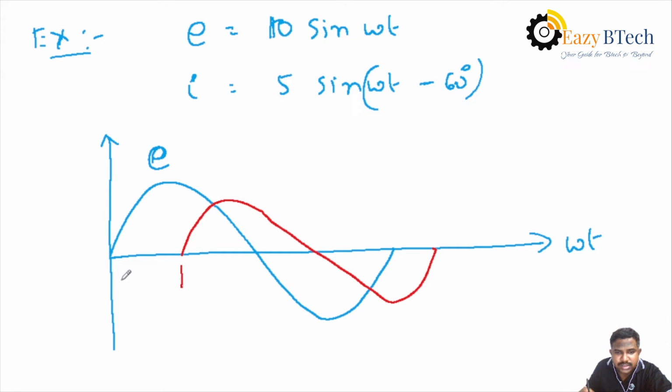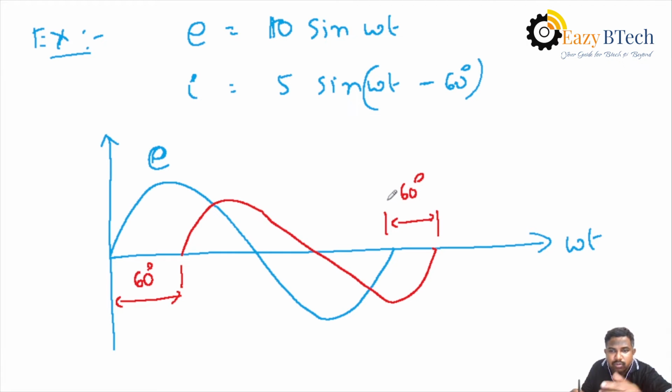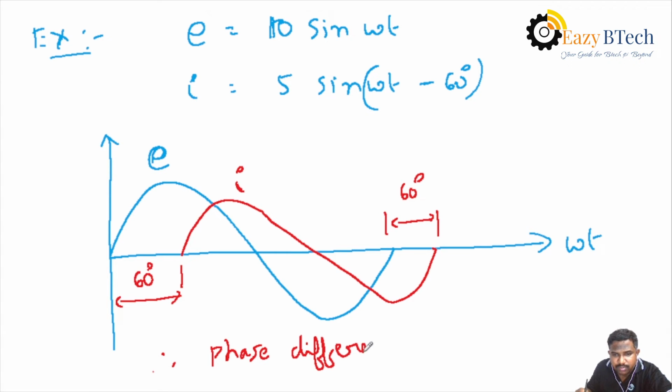Okay, this distance is 60 degrees between voltage and current, and this is also called the 60 degrees difference. Then by comparing these two waveforms, what is the phase difference here? The phase difference between the current and voltage waveforms is 60 degrees. Therefore, the phase difference in this example by comparing two waveforms is 60 degrees.